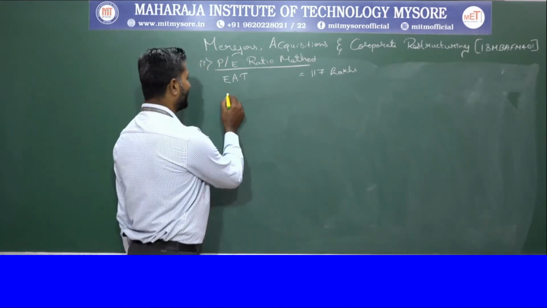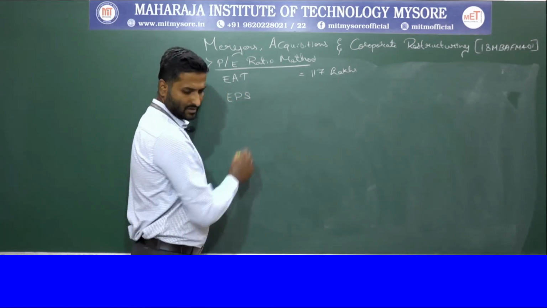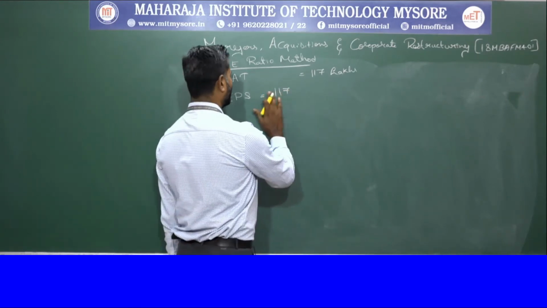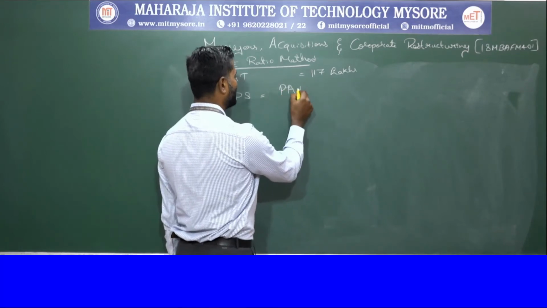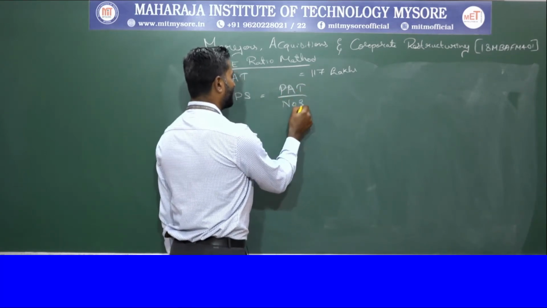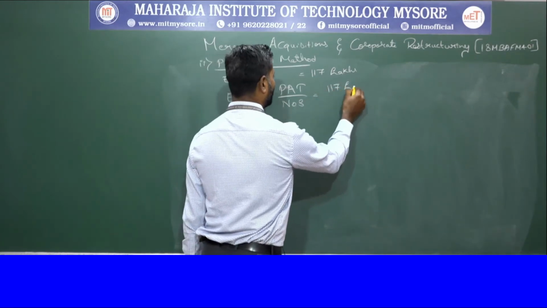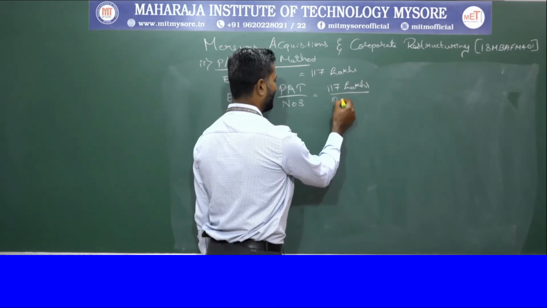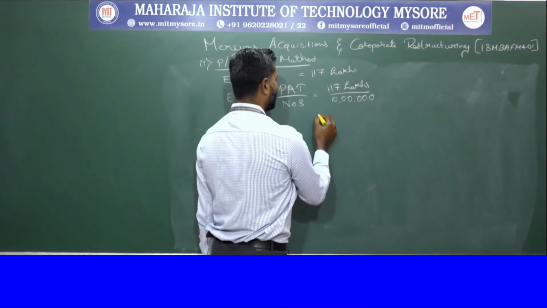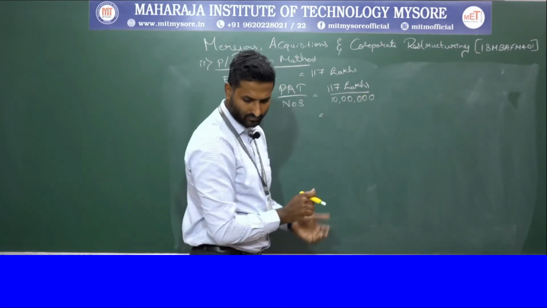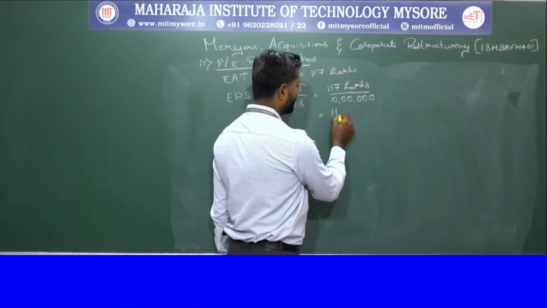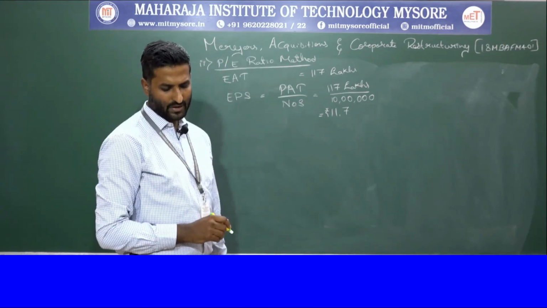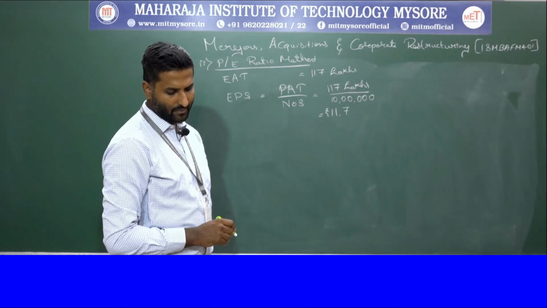We can ascertain the EPS, which equals PAT divided by number of shares. So 117 lakhs divided by the total number of shares in the company, which is 10 lakhs. Therefore we get 11.7 rupees.